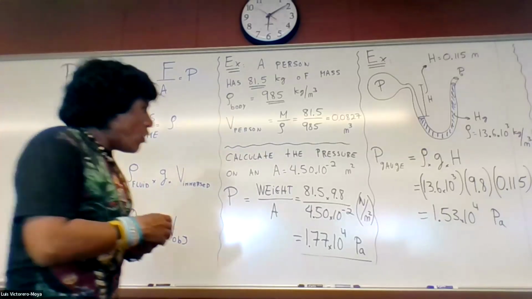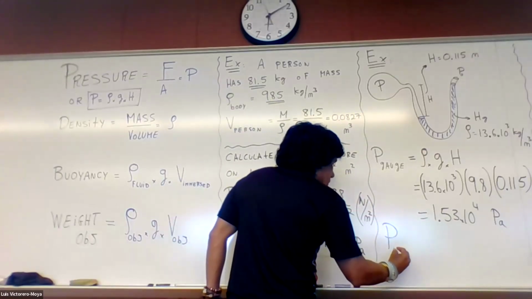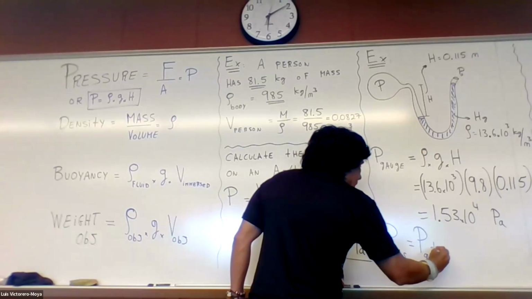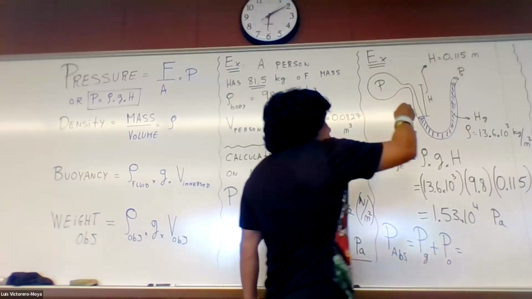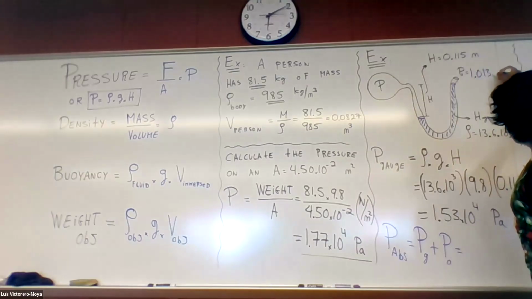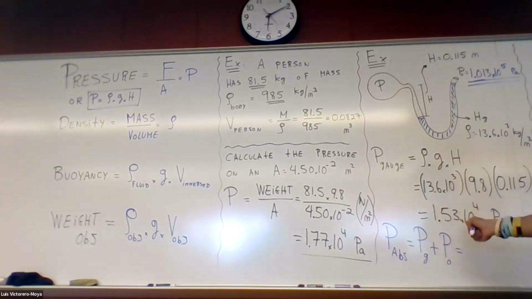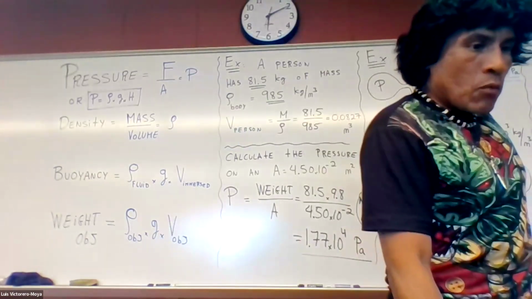If they were asking you for the absolute pressure or the total pressure, that will be the gauge pressure plus the atmospheric pressure. And you know from yesterday, the atmospheric pressure is 1.013 times 10 to the 5 pascals. That's what you have to add to this to find the total pressure. Just for curiosity, let's see what we will get.